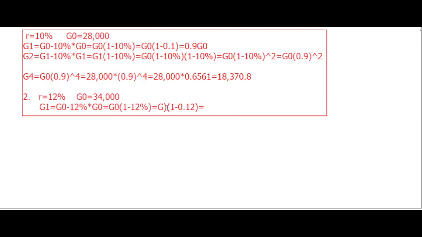So it is G naught times 0.88. This is for G1.